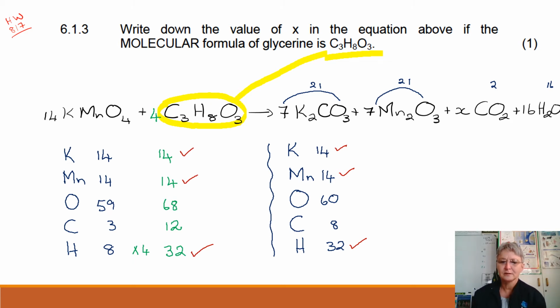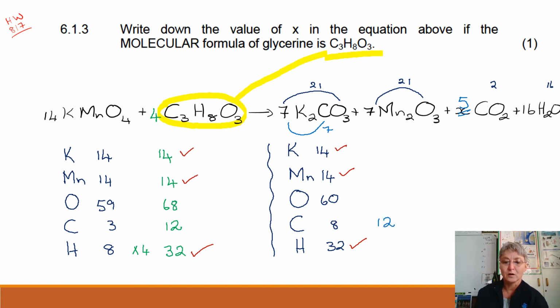We need to use another color. To balance the oxygens and the carbons, I think it would be easier to balance the carbons. So I've got 7 carbons here, and if I add 5 carbons, we'll get 12 carbons. So if I multiply the carbon dioxide by 5 and I add 7, we get 12.